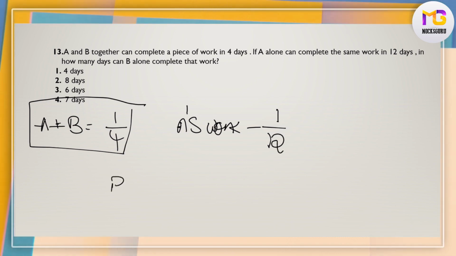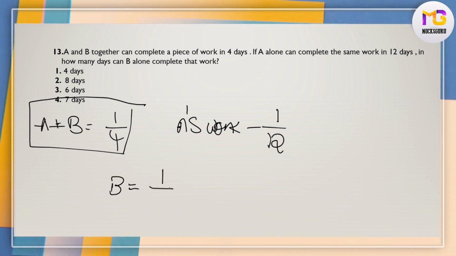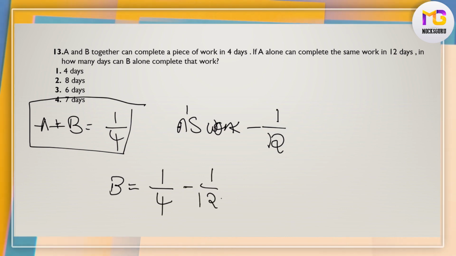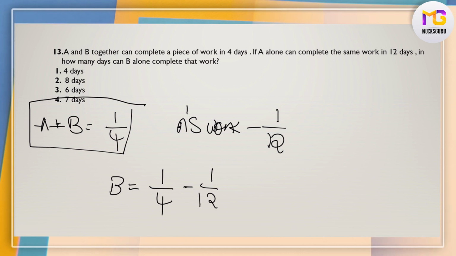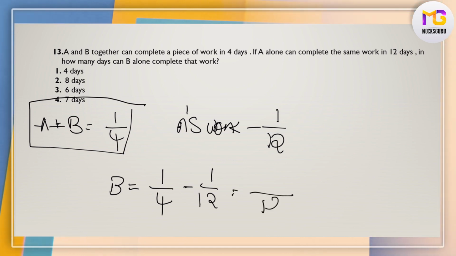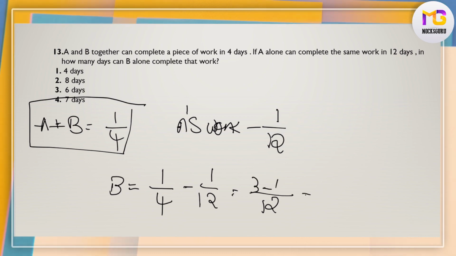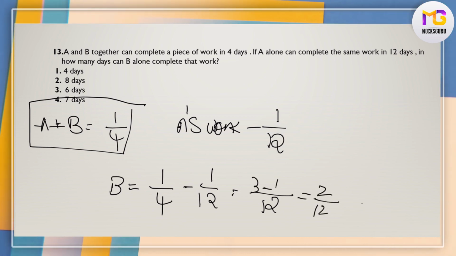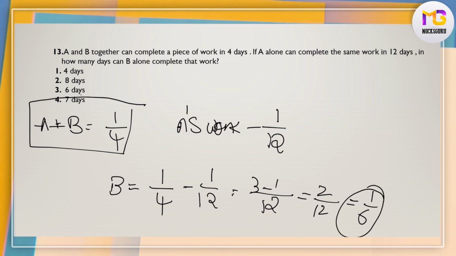So for B we have to subtract A from A plus B. So we'll get 3 minus 1, 2 by 12, which is nothing but 1 by 6. So 6 days will be the answer.